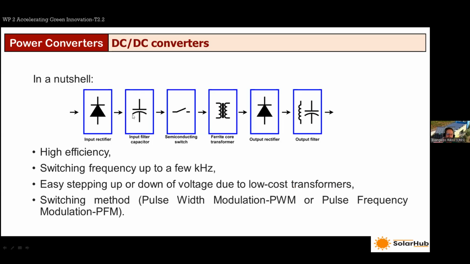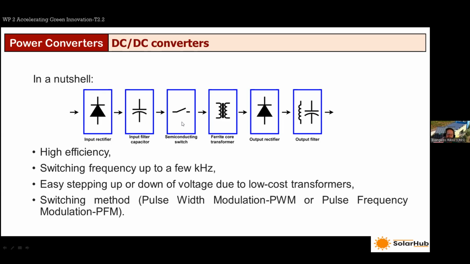You don't need the input rectifier for a photovoltaic system DC-DC converter because the voltage by definition is DC, right? This is used only when you have to supply this converter by an AC grid. Okay, so you should not expect to see this stage here.